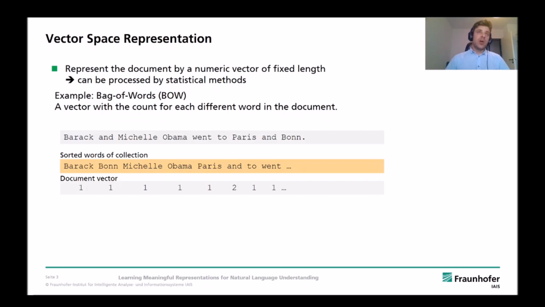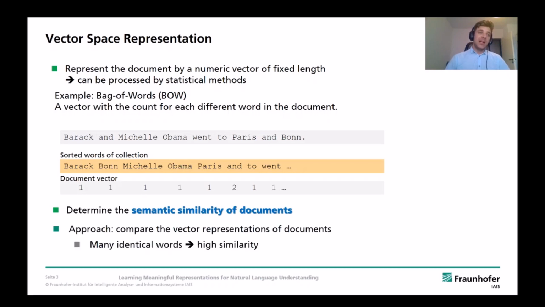And of course, normally our vocabulary would be much larger, so there would be a lot of zeros behind went. There would be other words. Now, if we have such a vector representation, we could, for example, determine the semantic similarity of documents by comparing those vector representations. And in the bag of words case, of course, many identical words means a high similarity.